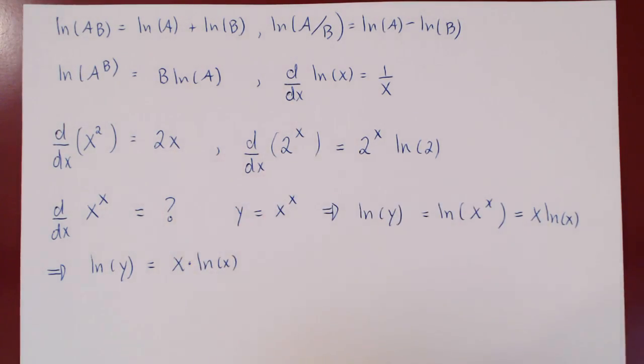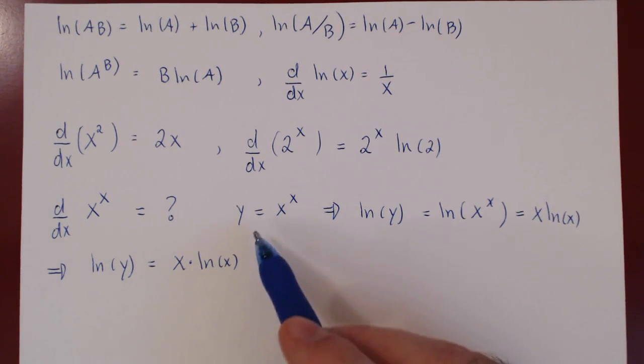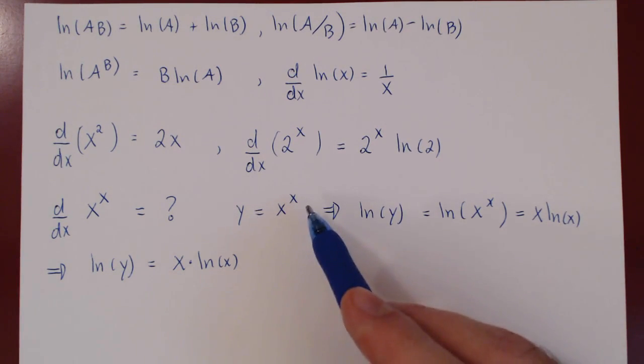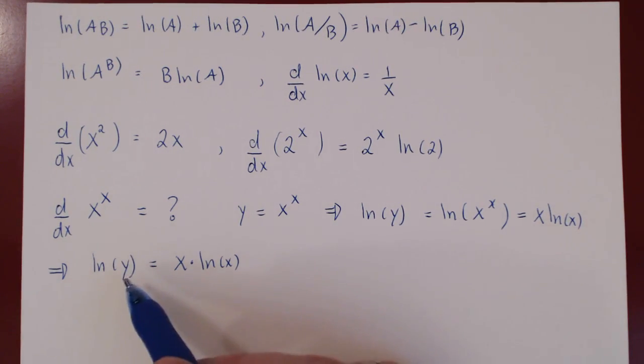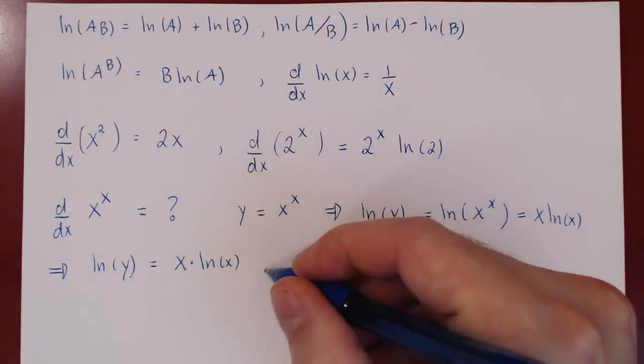And if you look at this, the problem has disappeared. There's nothing here that we don't know how to differentiate, so we can differentiate both sides, but remember that y is a function of x, therefore this is a function of x, this is also a function of x, so both sides are equal as functions of x, hence they have the same derivative.